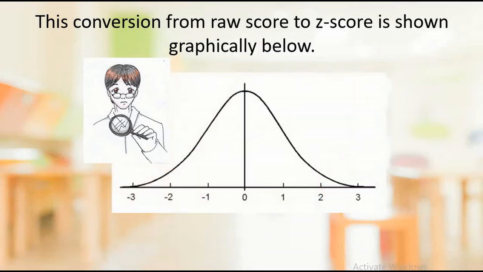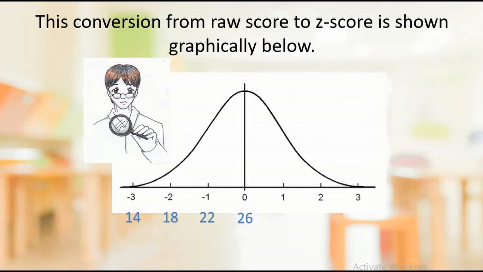So 26, that is the mean score. As you go to the left, you subtract 4. So 26 minus 4 is 22, 22 minus 4 is 18, 18 minus 4 is 14. Then as you go to the right, you add 4 to 26.